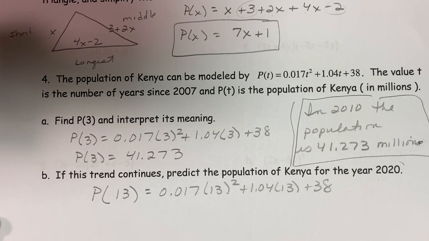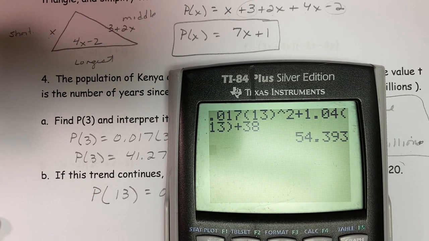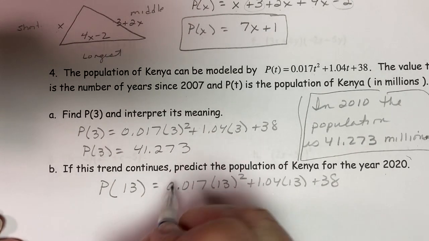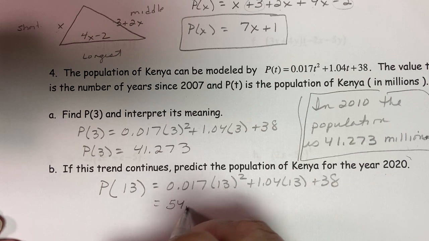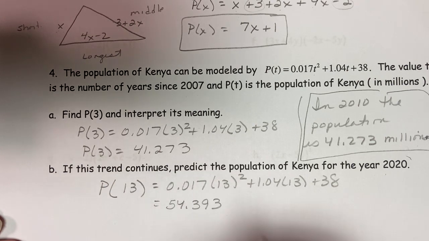So 0.017 parentheses 13 squared plus 1.04 parentheses 13 plus 38. I got 54.393. What does that mean?